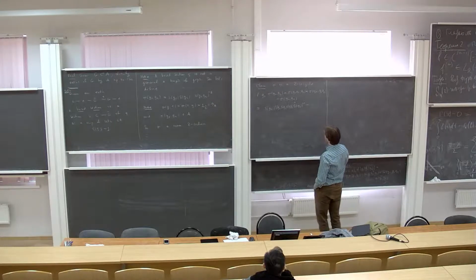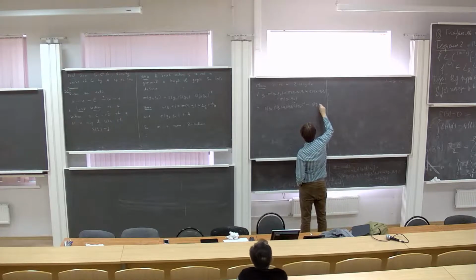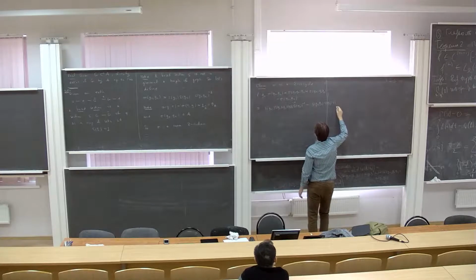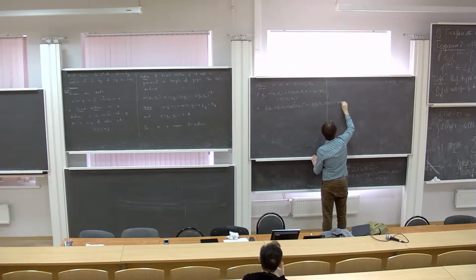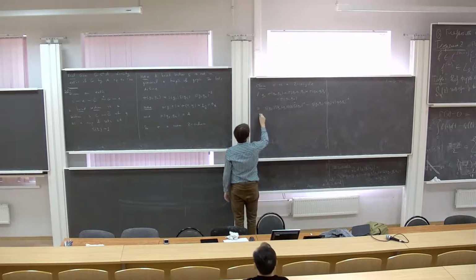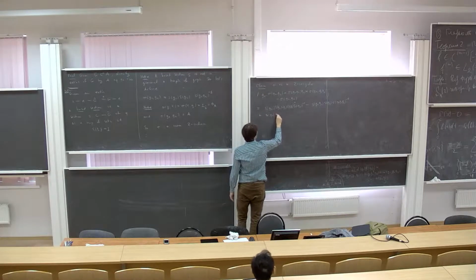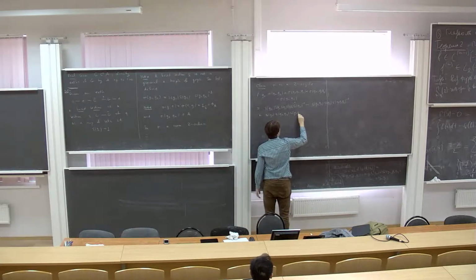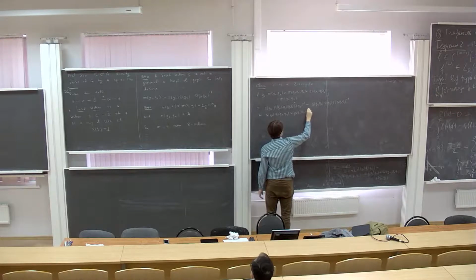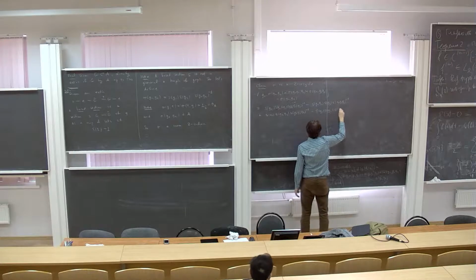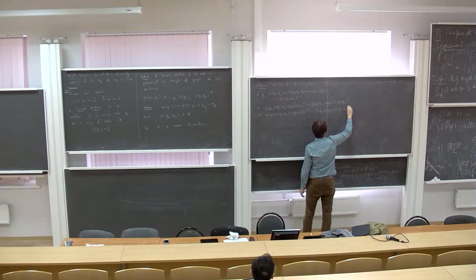This is, by definition, S of G1 G2, S of G3, S of the triple product G1 G2 G3 inverse, plus S of G1, S of G2 G3, S of G1 G2 G3 inverse, minus S of G1, S of G2, S of G1 G2 inverse.